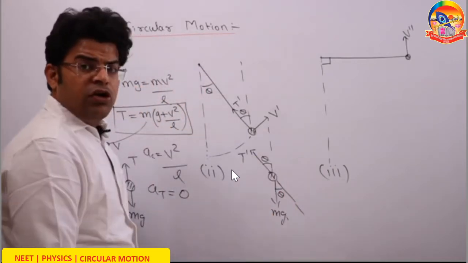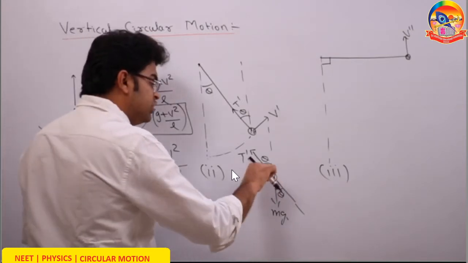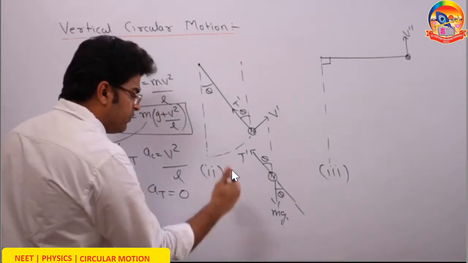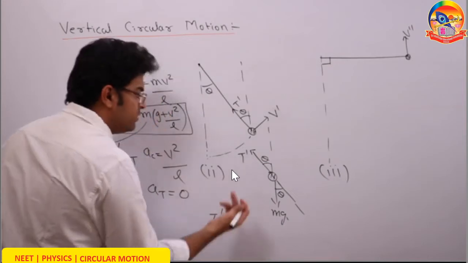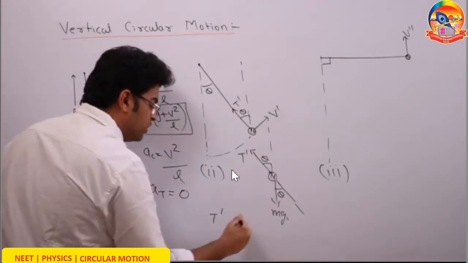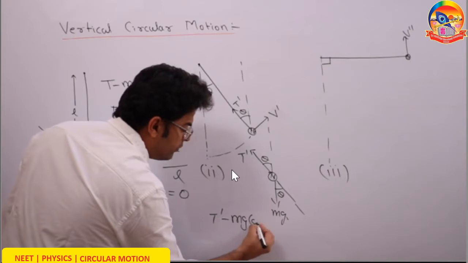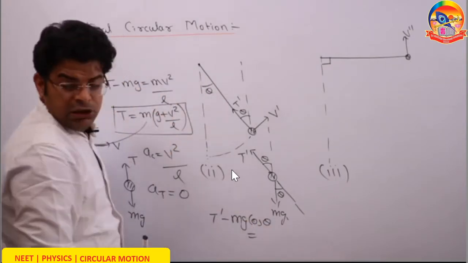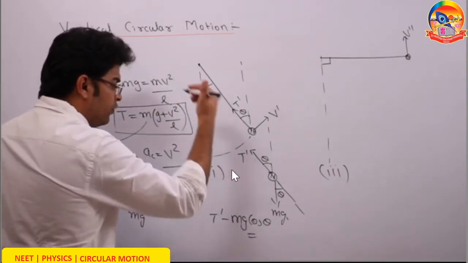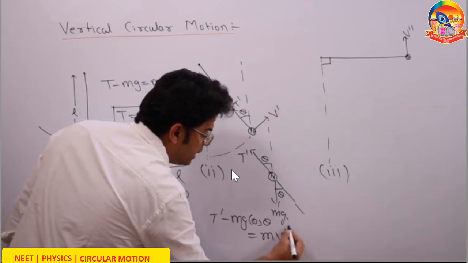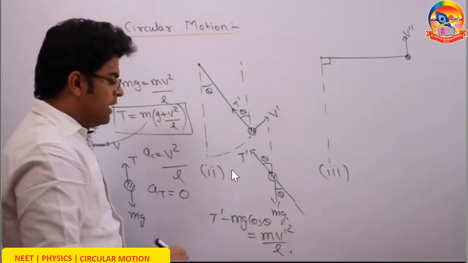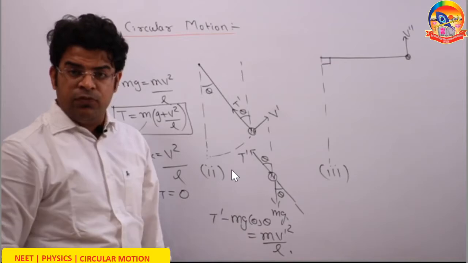The component of the force of gravity away from the center is mg cos theta. So you will write the equation as T dash minus mg cos theta, the net force acting towards the center, has to be equal to the centripetal force, which is mv dash squared by L.